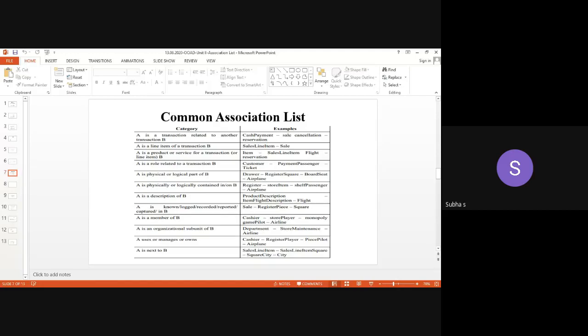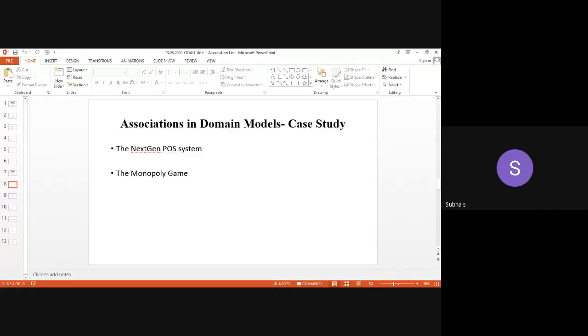If you are going to associate two classes, it will come under any of these categories only. Either A can be a subclass of B, or A is a part of B. A and B are two different classes. Yes, student is a part of college. So like that you can relate. These are the common association list we are using.